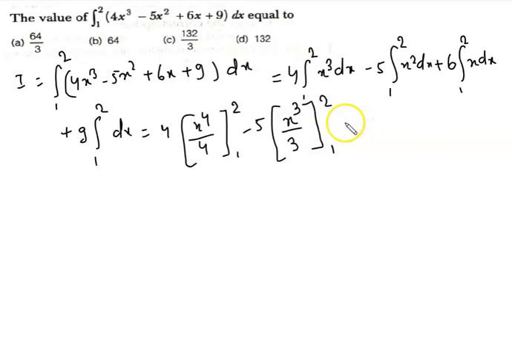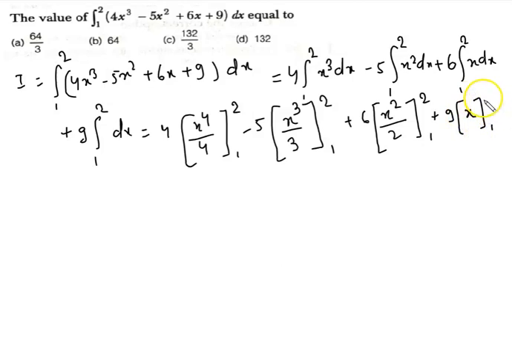The integration of x is x square by 2, so 6 into x square by 2, limit 1 to 2. And 9, the integration of 1 is x, limit 1 to 2.